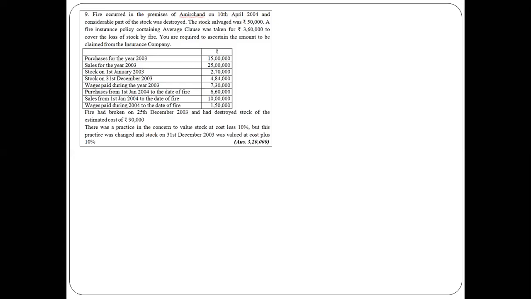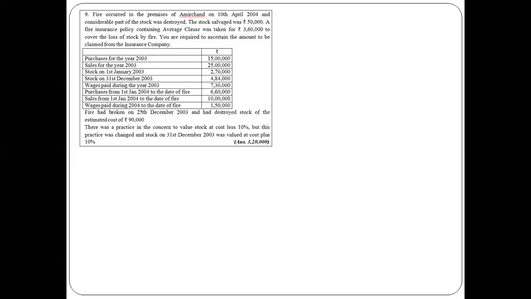An insurance policy containing an average clause was taken for 3,60,000. So we have taken a policy worth only rupees 3,60,000, which contains a clause called the average clause. It covers the loss of stock by fire. You are required to ascertain the amount to be claimed from the insurance company.